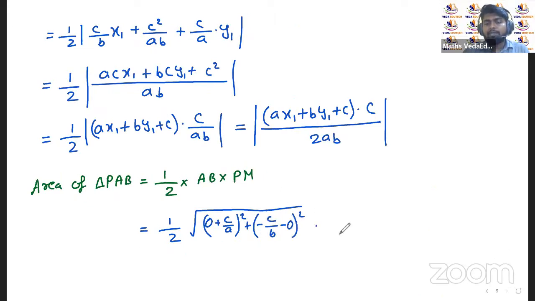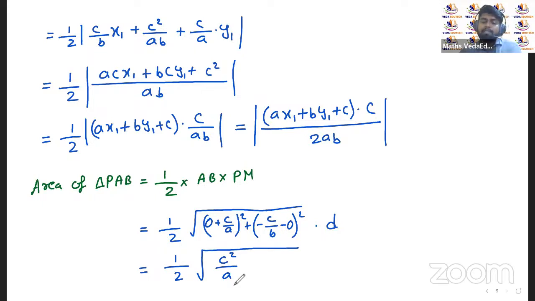And this whole thing into PM, and PM is equal to D. So finally, half times square root of C squared by A squared plus C squared by B squared into D.